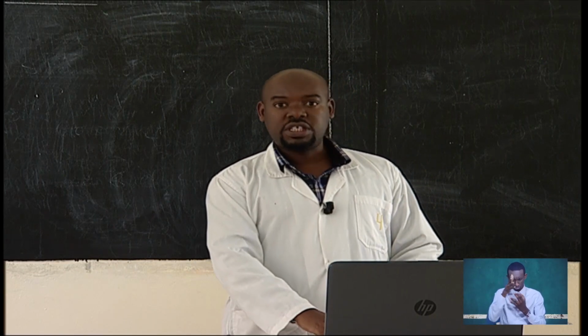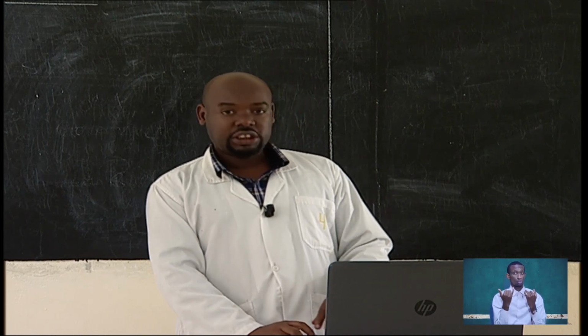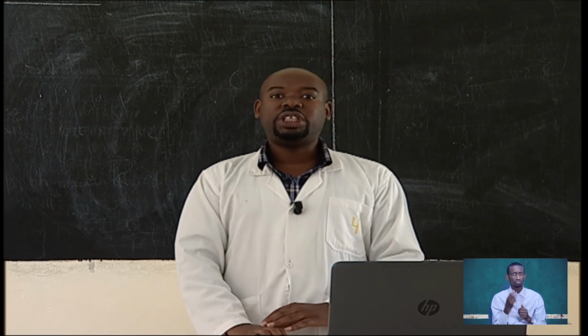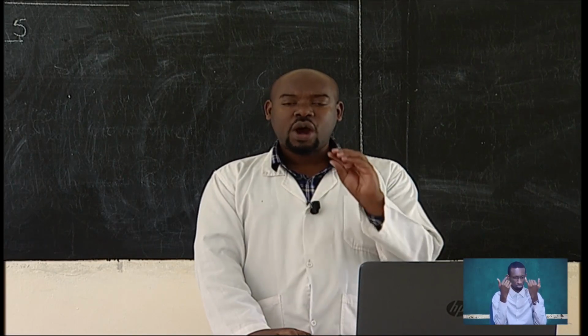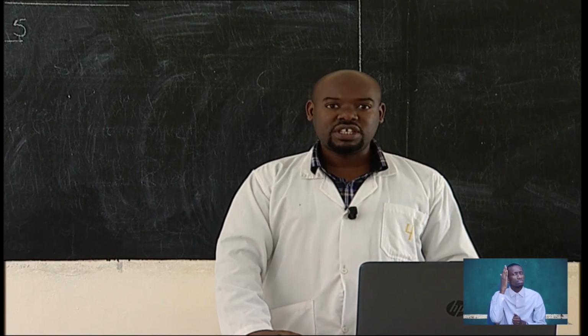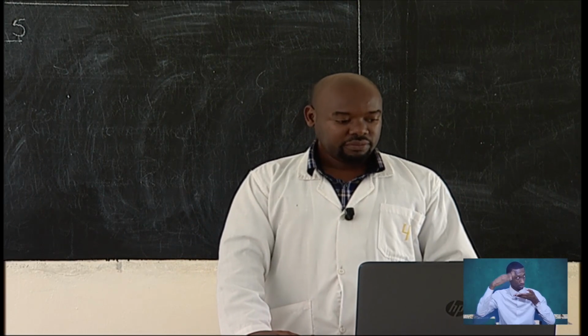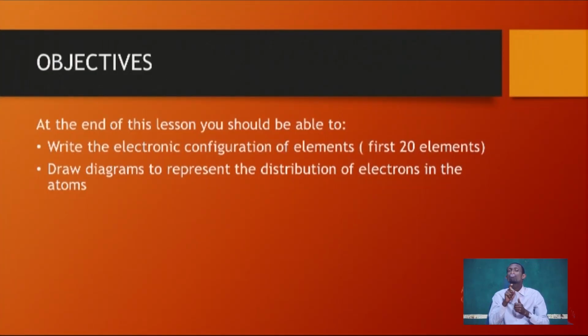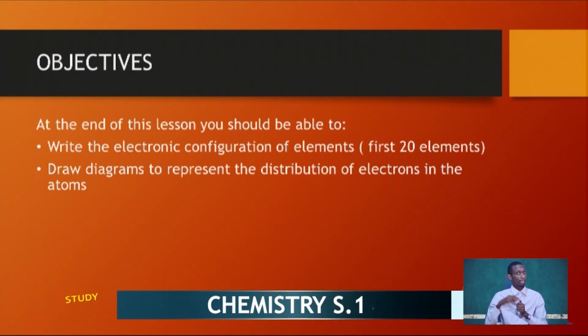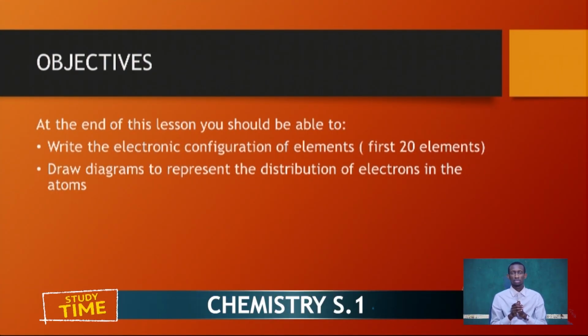But before we start today's lesson, let us have a look at the objectives of today's lesson. What you have to know at the end of this lesson. At the end of this lesson, you should be able to write the electronic configuration of elements. At least you should be able to write the electronic configuration of the first 20 elements.